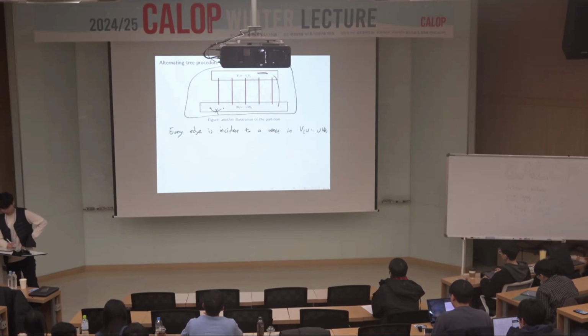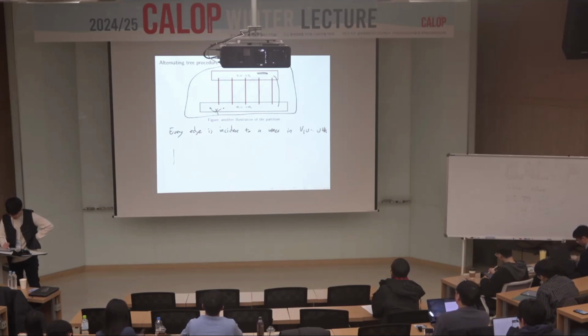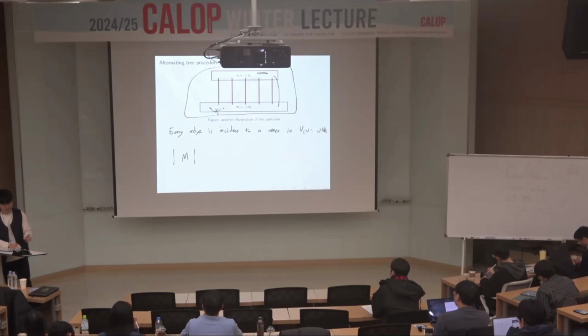So let M be the matching. Now I want to compare the size of the matching. Remember that if you have two different edges in a matching, they cannot overlap. They cannot share a common vertex. What it means is that each matching edge has to touch one vertex in the top set.